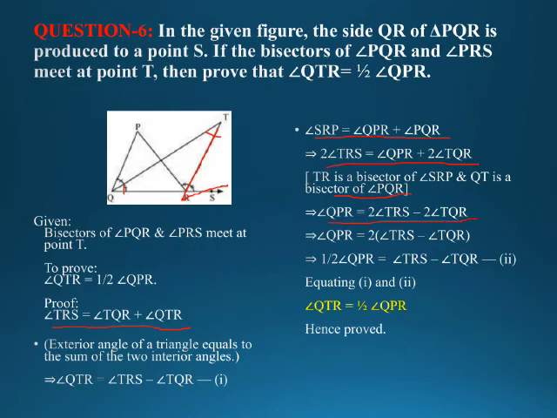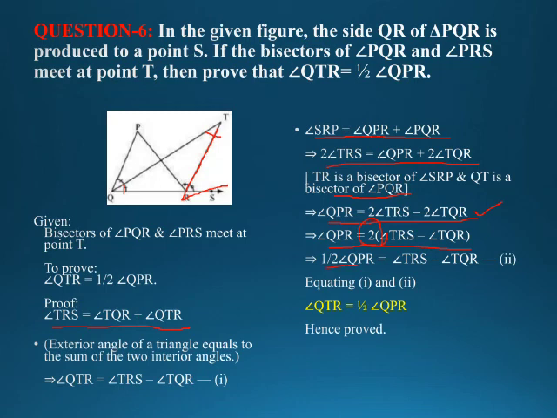Here in this equation we have 2, so we can take 2 as common. So angle QPR equals 2 of angle TRS minus TQR. In the next step, it is in multiplication; if we bring it to the left hand side, it will become division.